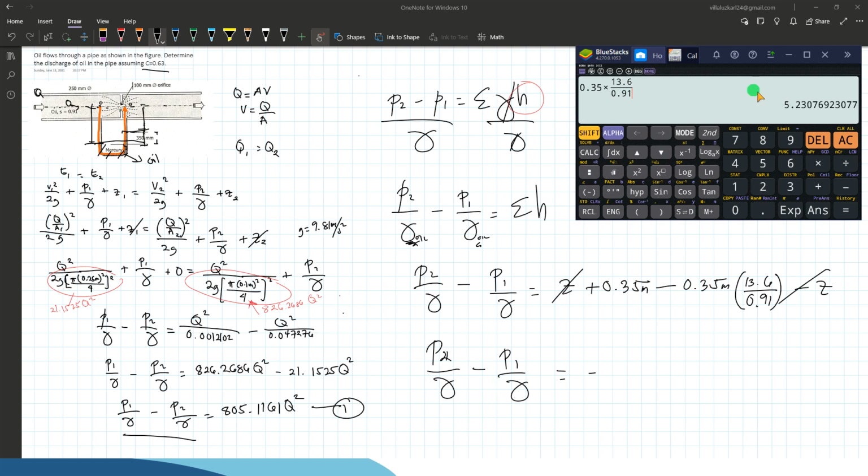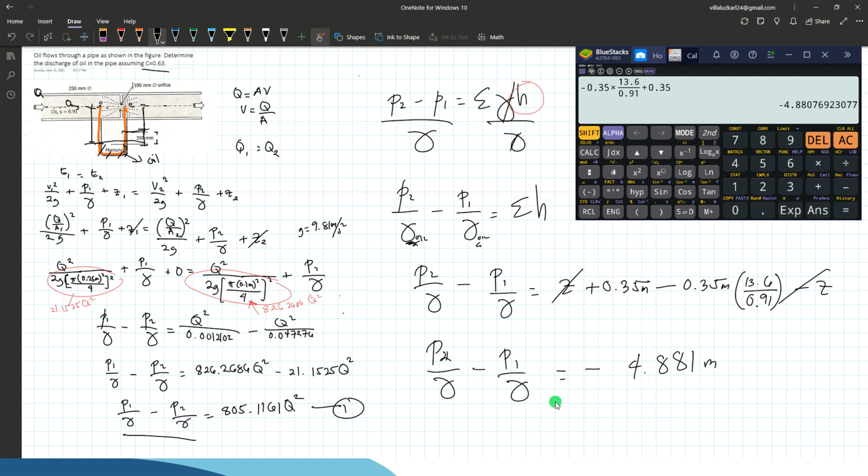Then we add 0.35 because right here we have 0.35. So the total is, sorry, negative 4.881 meters.